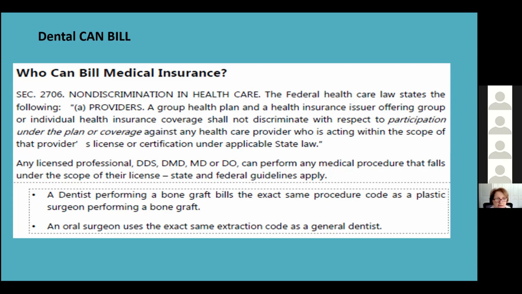Is that covered? They're going to say no. But if you look here, a dentist performing a bone graft bills the same exact procedure code as a plastic surgeon performing a bone graft, or an oral surgeon who's reconstructing the patient's jaw when they are in an accident.